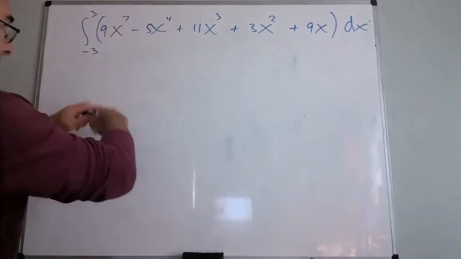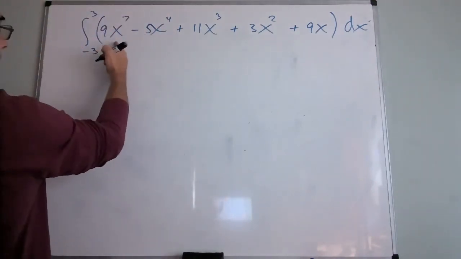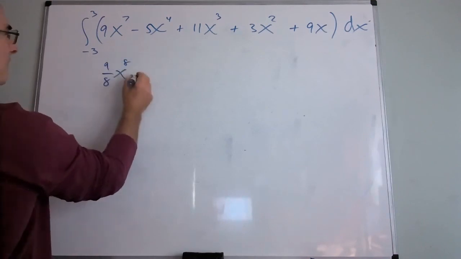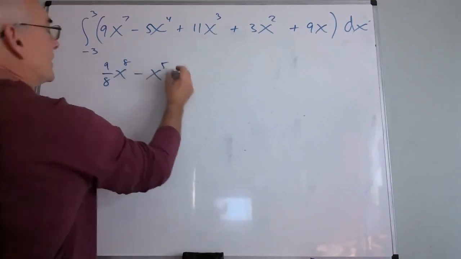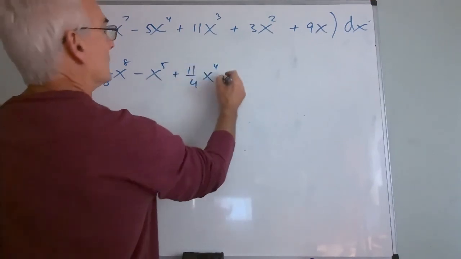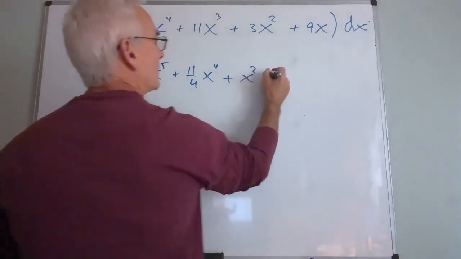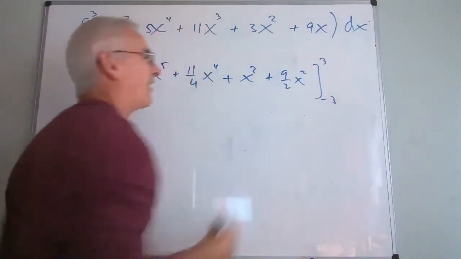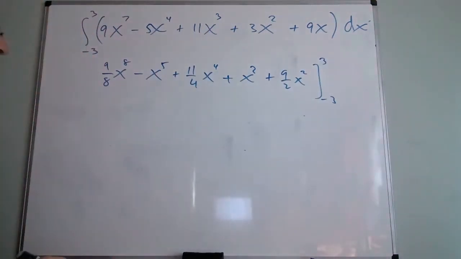If I integrate this correctly, I'm going to have 9/8 x to the 8th minus x to the 5th plus 11/4 x to the 4th plus x cubed plus 9/2 x squared. And I'm going to go from -3 to 3. Oh, that's going to be ugly and messy and lots of fractions.